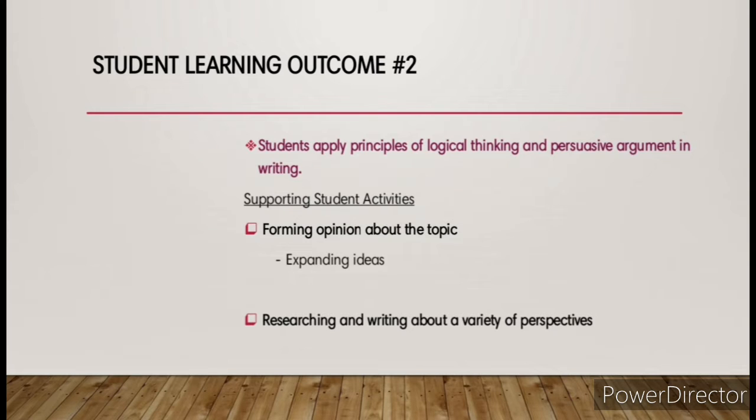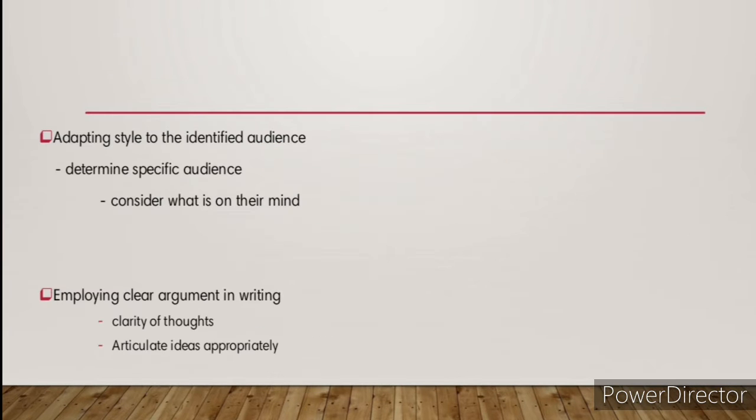Second is researching and writing about a variety of perspectives through gathering of information that is useful for the topic. Third is adapting style to identified audience, such as determine specific audience, consider what is in their mind, and make adjustments or any ways to connect with them.